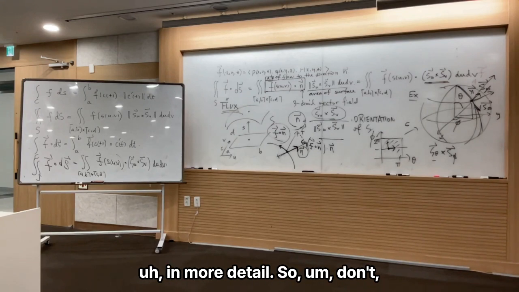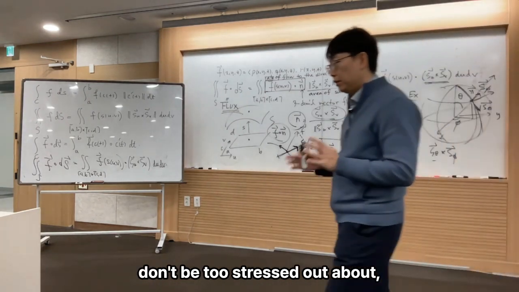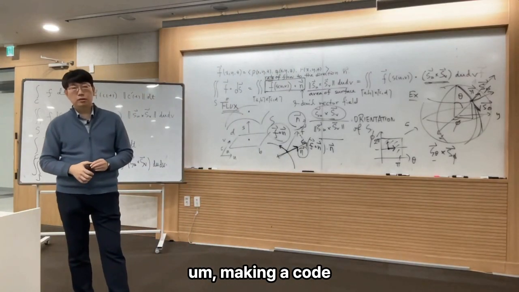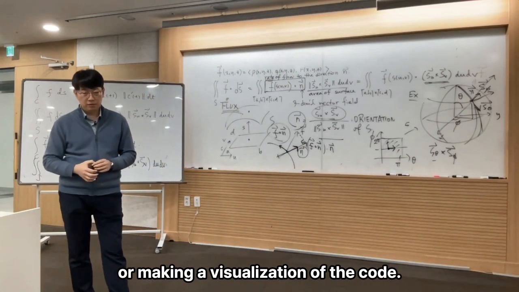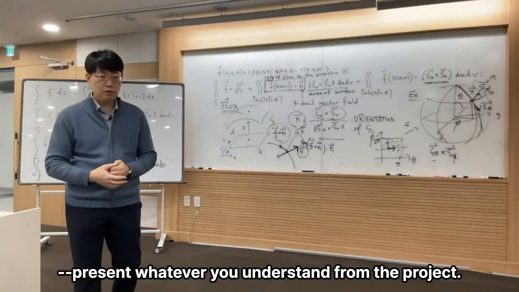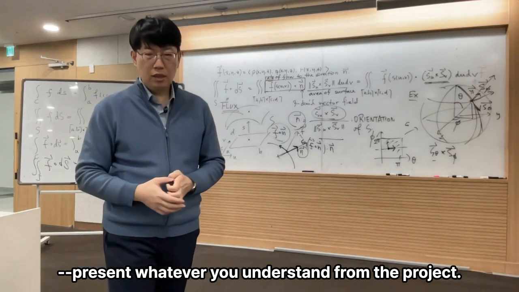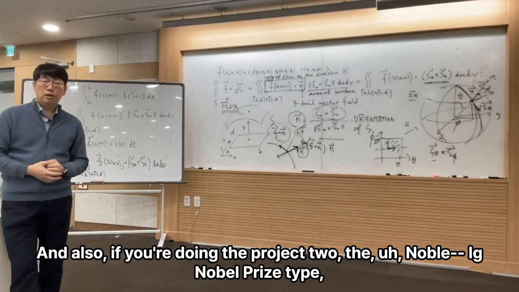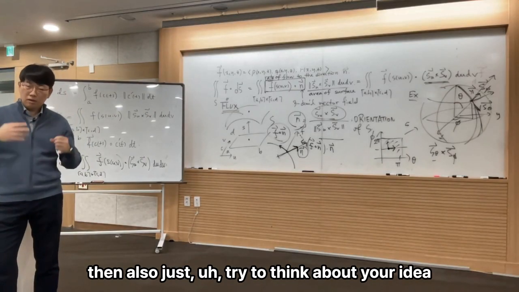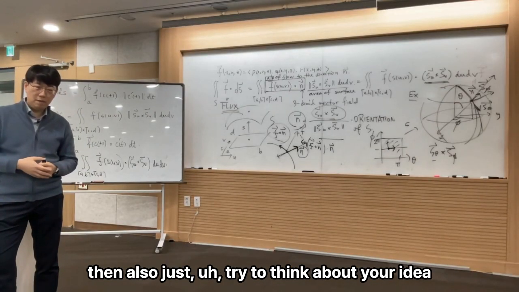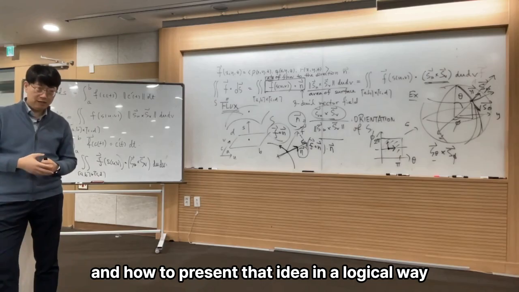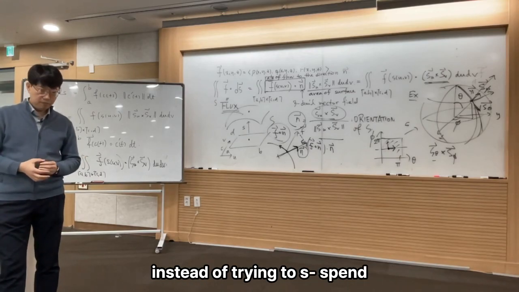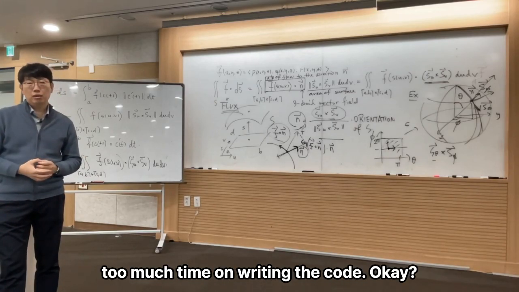So don't be too stressed out about making code or a visualization of the code. Just present whatever you understand from the project. And also, if you're doing a project of the Ig Nobel Prize type, then just try to think about your idea and how to present that idea in a logical way, instead of spending too much time on writing the code.